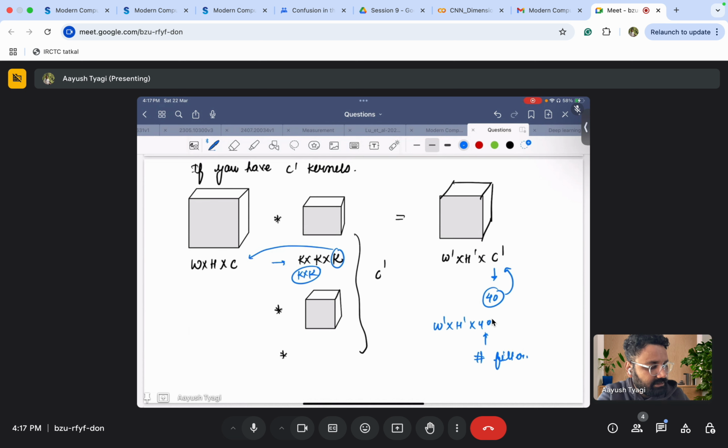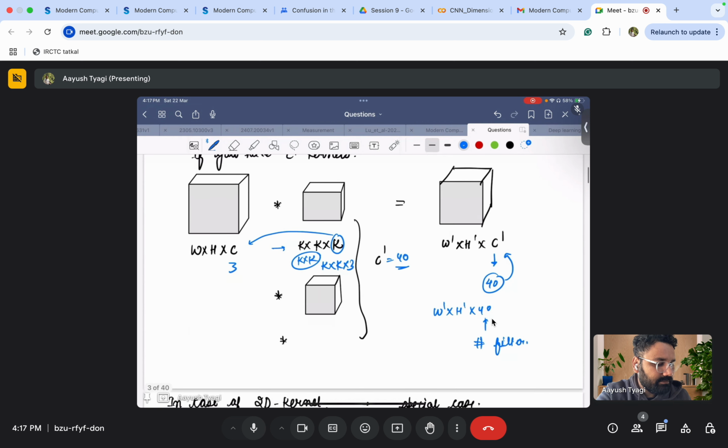Why so? C is 3. Wait, let me take another pass on it. Yeah, so all of them are 3D, so W cross H cross C. 3 is the number of channels you have, like RGB.